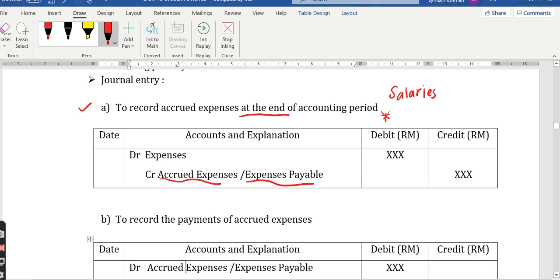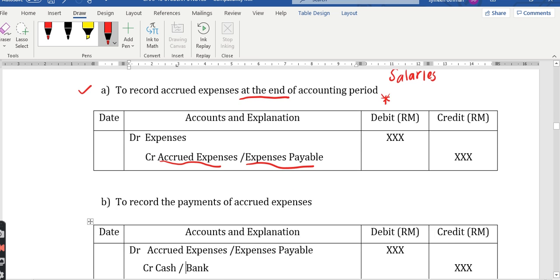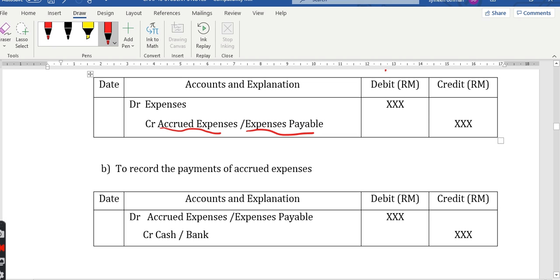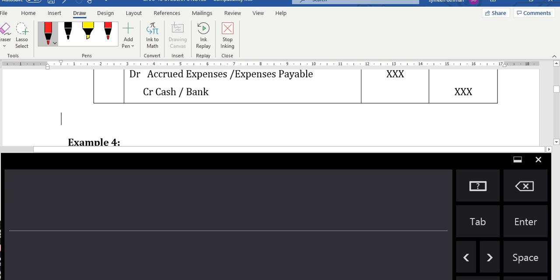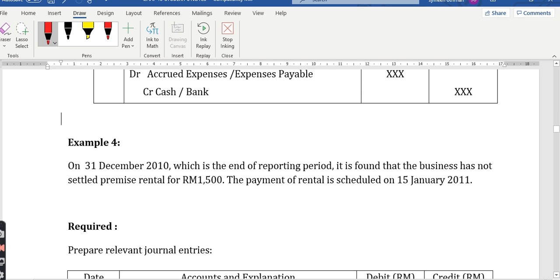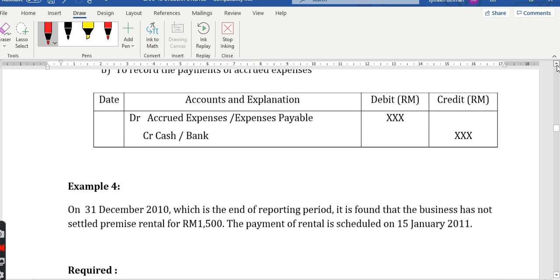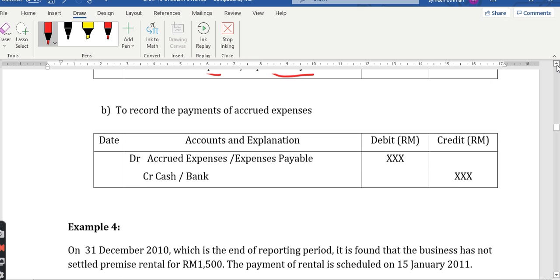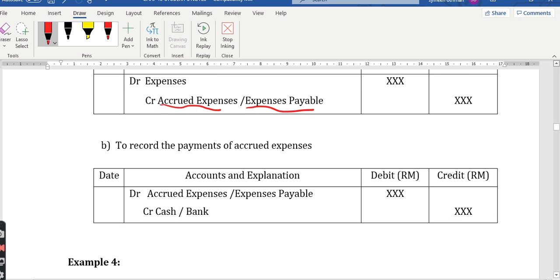Once we make payments to the accrued expenses, you need to revert the journal entry. So earlier you credited the accrued expenses here.